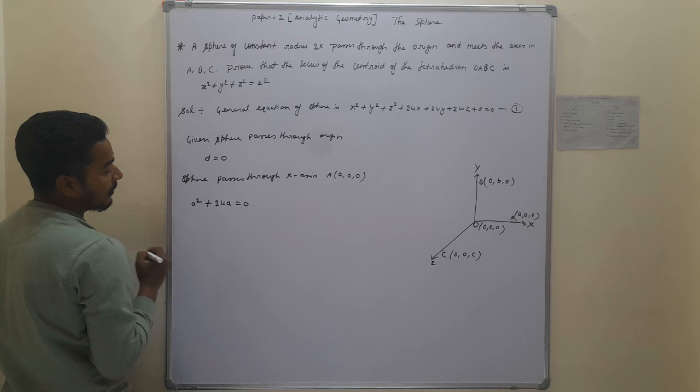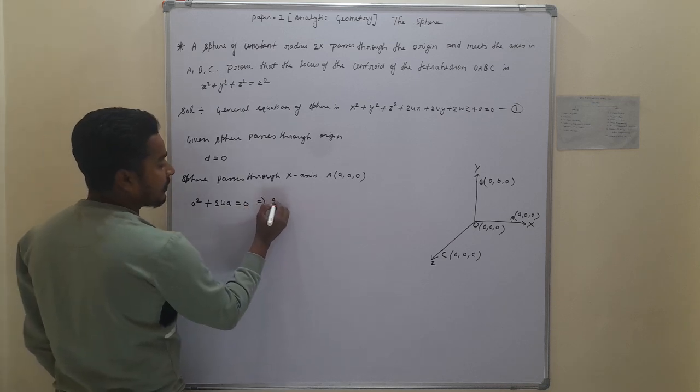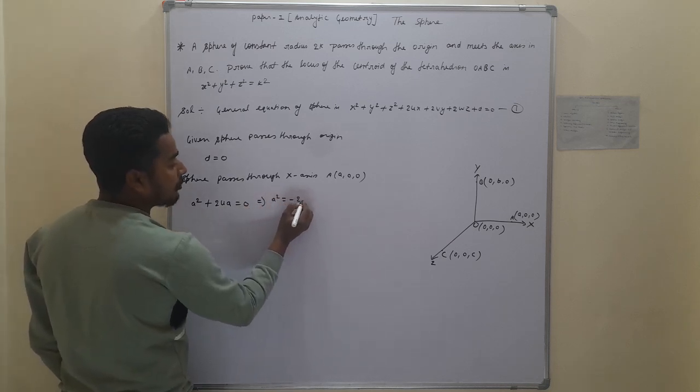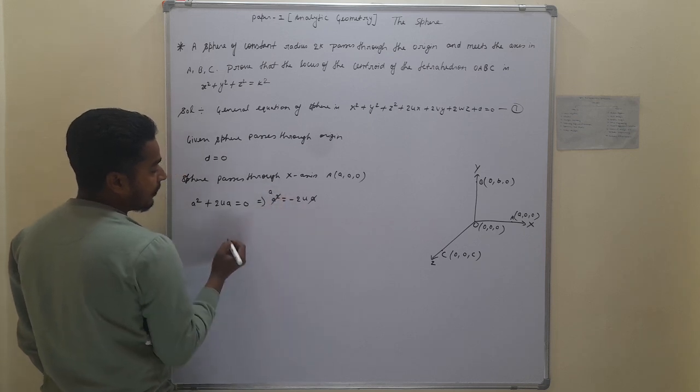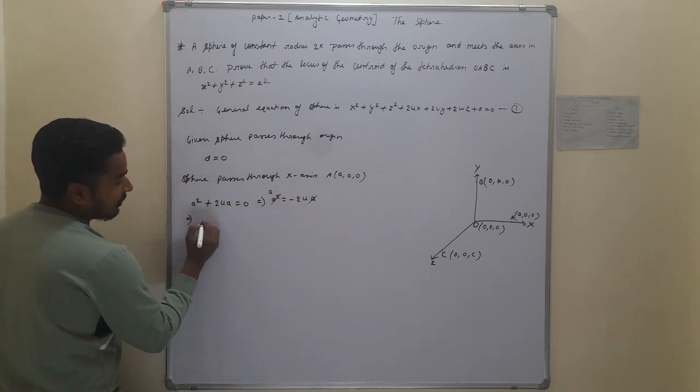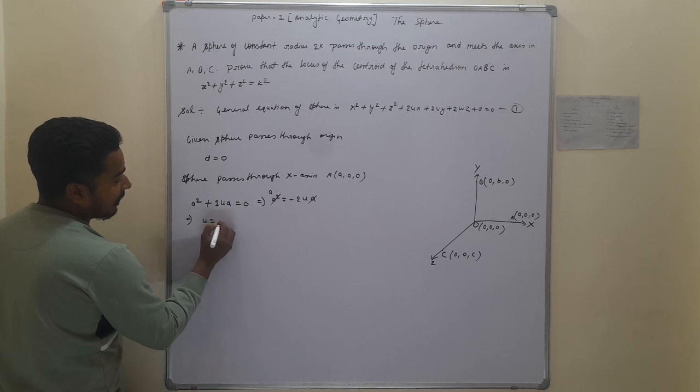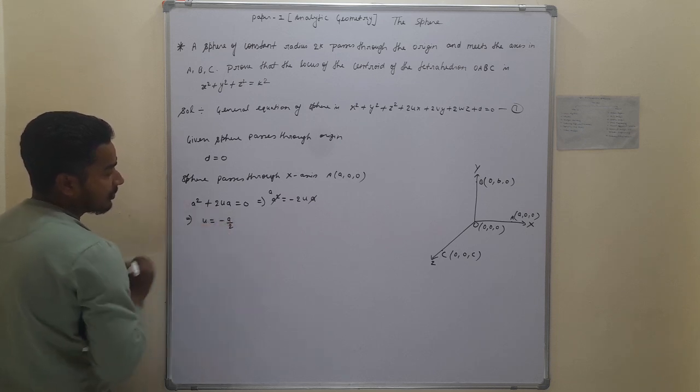From here we get a square is equal to minus 2ua. The a cancels out, and we get u is equal to minus a by 2.